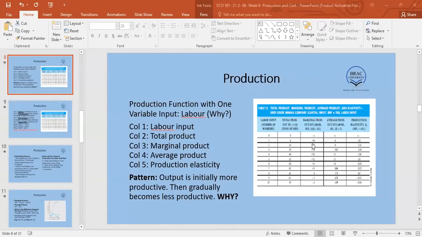We are interested in marginal and average product. We haven't discussed marginal and average in detail, but we have used the analogy. Marginal is your GPA, average is your CGPA. Now forget marginal product, average product.